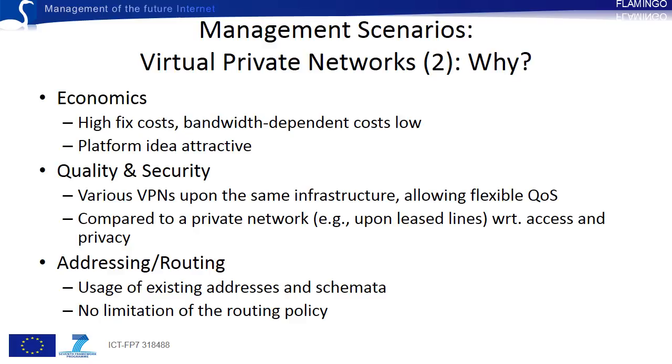Because if you have a VPN connection to a branch of your organization, you can use the VPN for data and voice messages as well. For the establishment of a VPN, you have high fixed costs for the appropriate hardware but low dynamic bandwidth-dependent costs, which allows you to estimate the cost for the VPN in a detailed way.